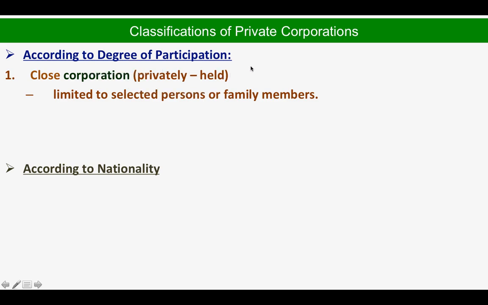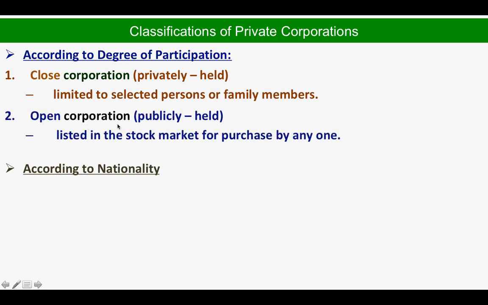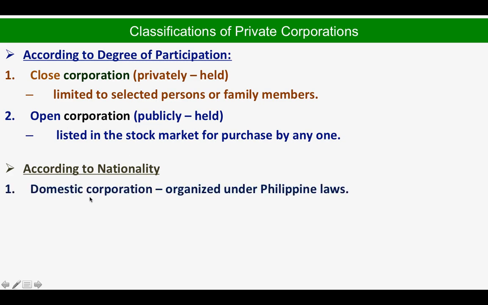According to degree of participation, we have the closed corporation, which is privately held and limited to selected persons or family members, and the open corporation, which is publicly held, so this is listed in the stock market for purchase by anyone. Closed is privately held, open is publicly held. According to nationality, we have the domestic corporation organized under Philippine laws, and the foreign corporation organized under foreign laws.